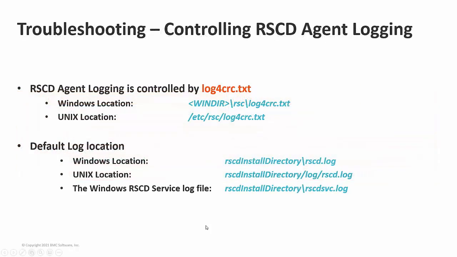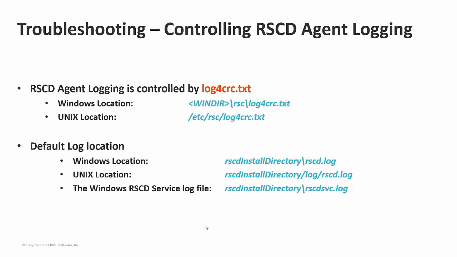To identify and troubleshoot the cause of communication or connectivity issues with the RSCD agent, we need to review the RSCD log files. The RSCD log files are controlled by an XML-based file named log4crc.txt.